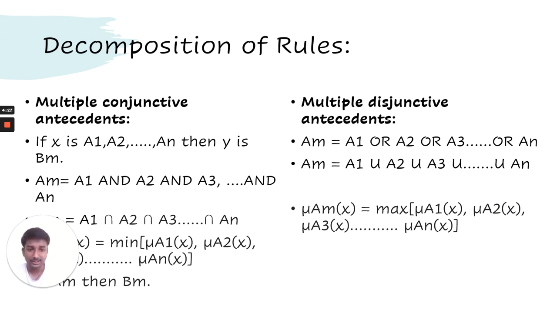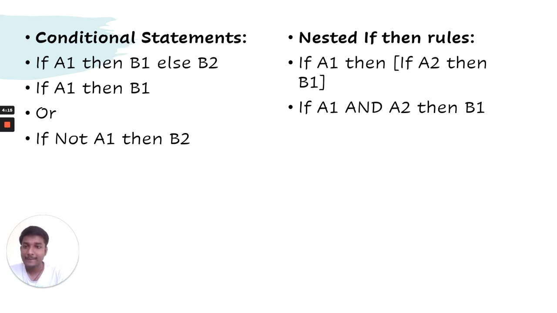And these are the simplification formulas for the multiple disjunctive antecedents and multiple conjunctive antecedents. And these are the other two rules.